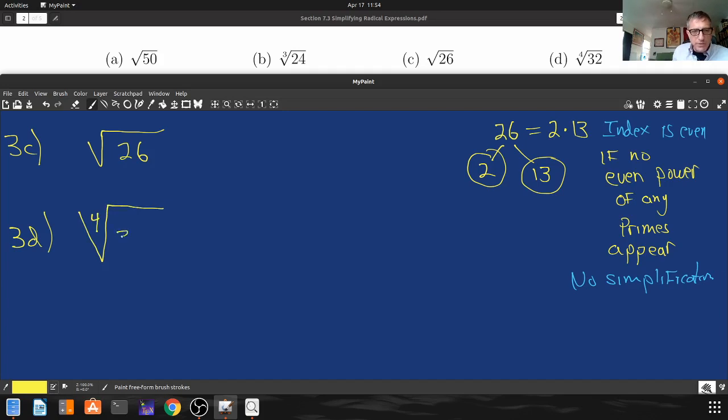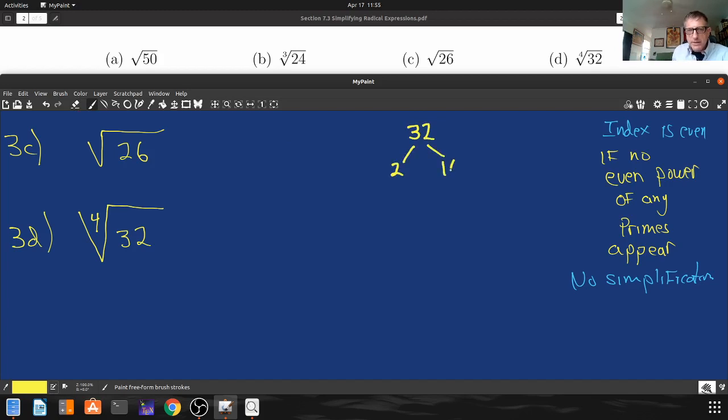The fourth root of 32. So we need to do the factor tree for 32. So 32, it's even, so I'm going to divide it by 2. 32 divided by 2 is 16.